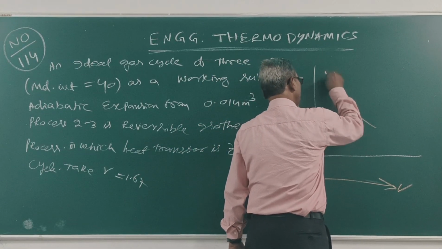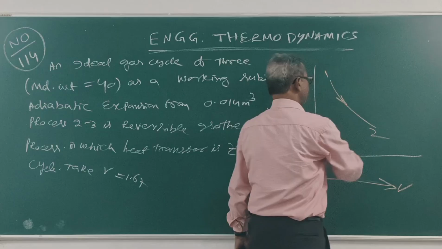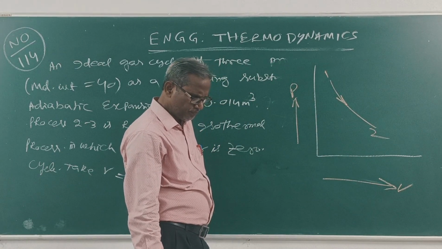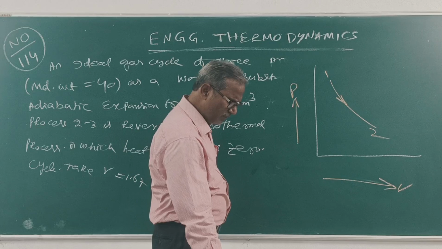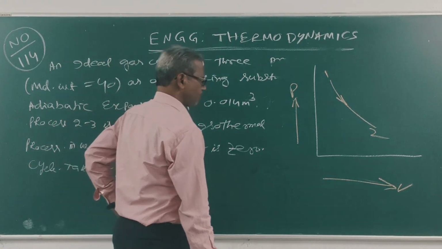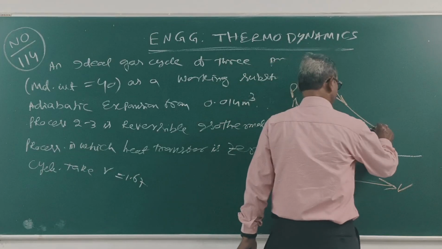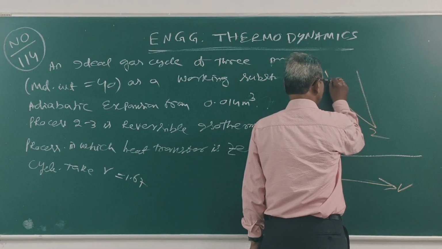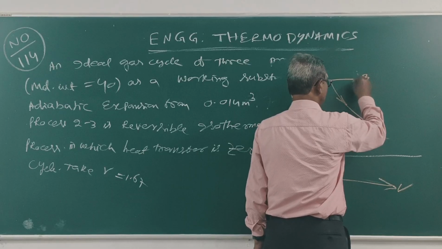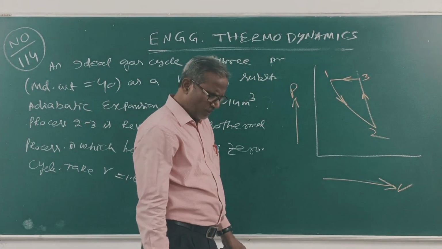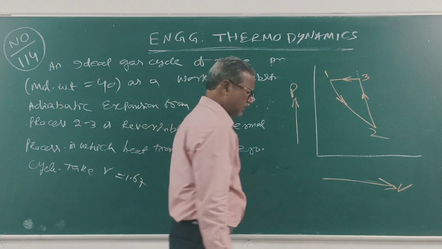Process 2-3 is reversible isothermal. Process 3-1 is constant pressure. 1-2, 2-3, 3-1. Clear?